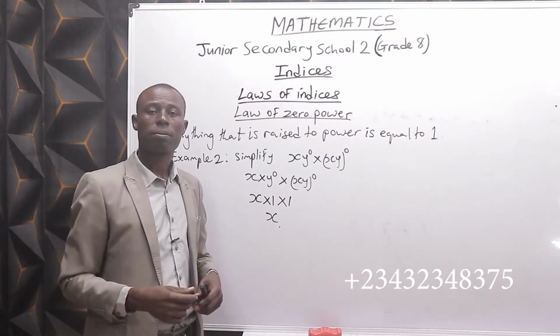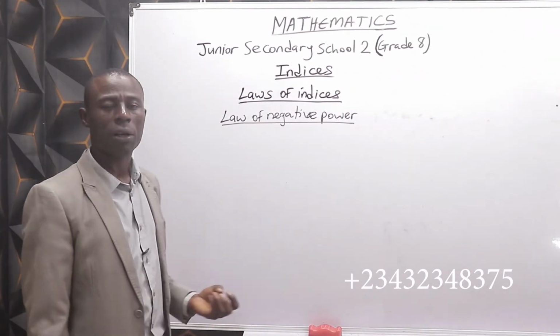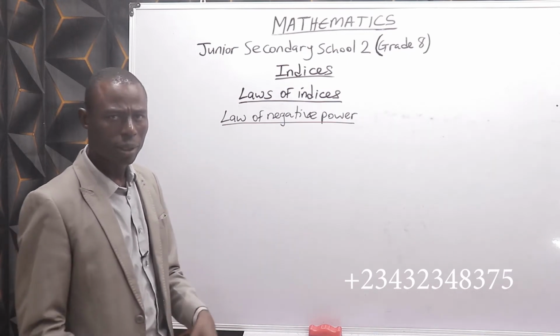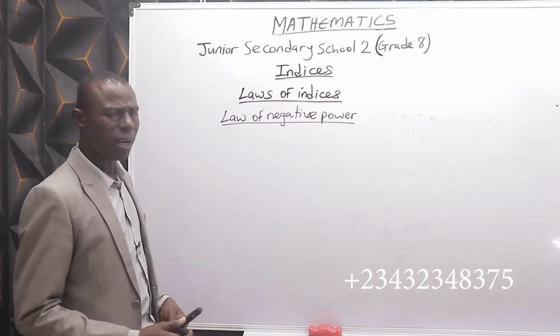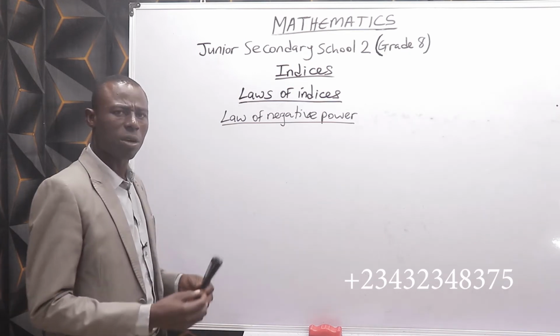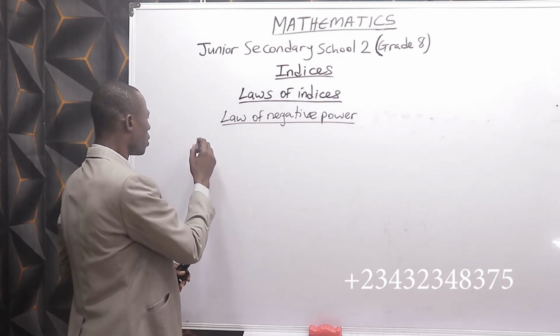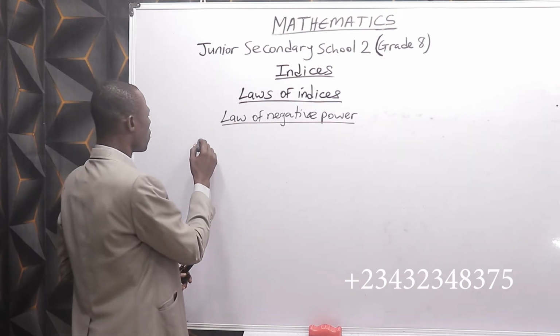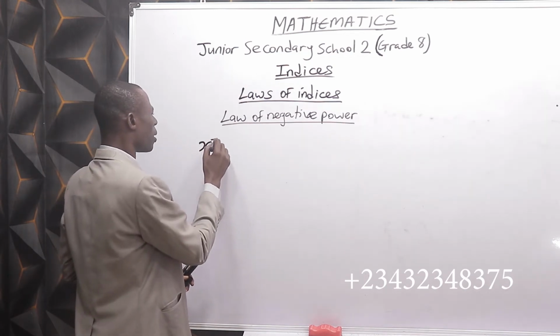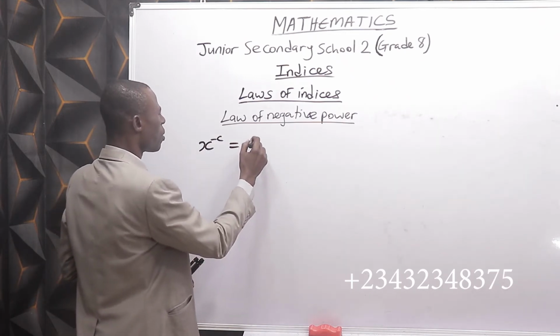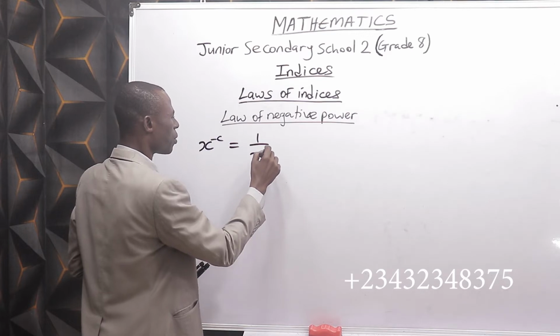That is it. Now we come to another important concept, which is the law of negative power. Law of negative power is a concept that is very important in indices. Generally, when you have x raised to power negative c, it means 1 over x raised to power c.